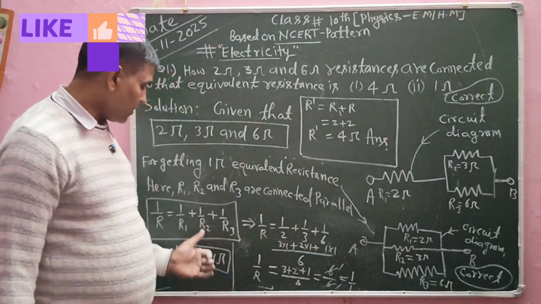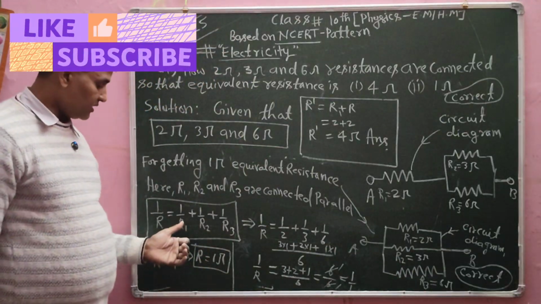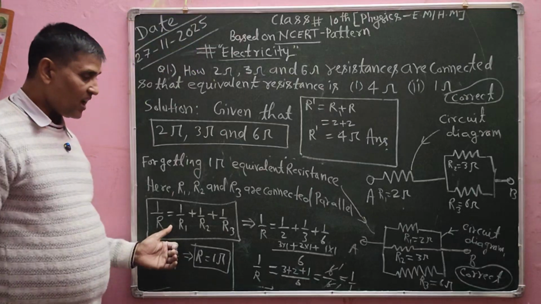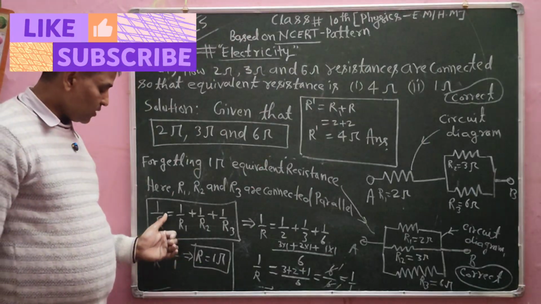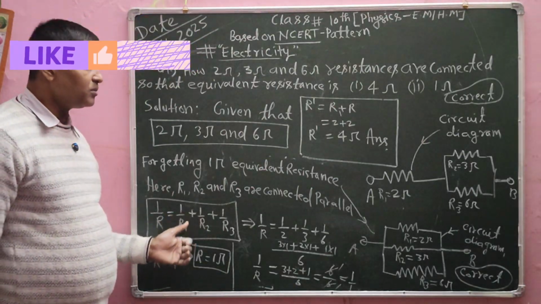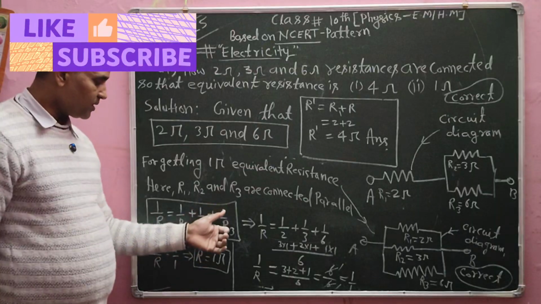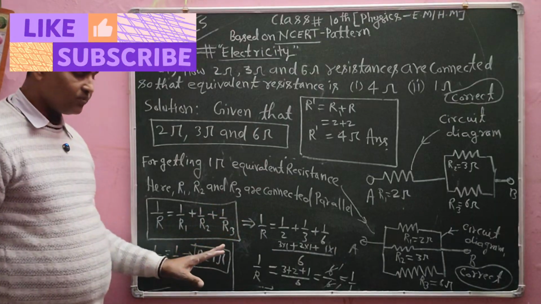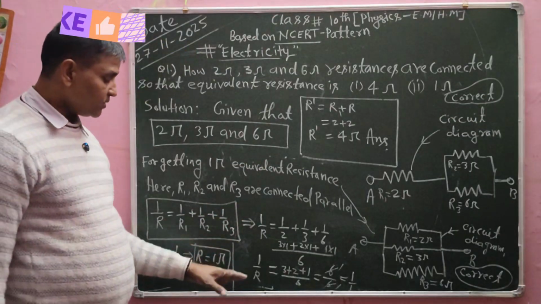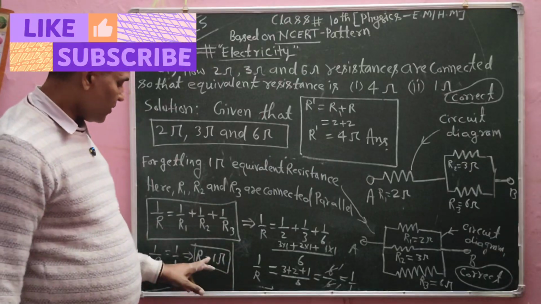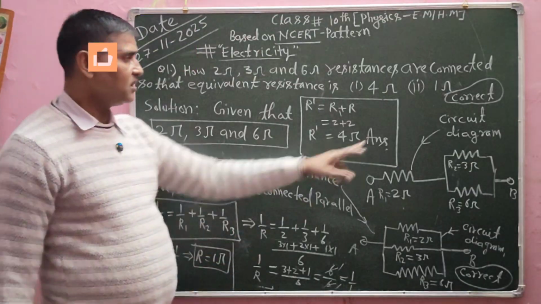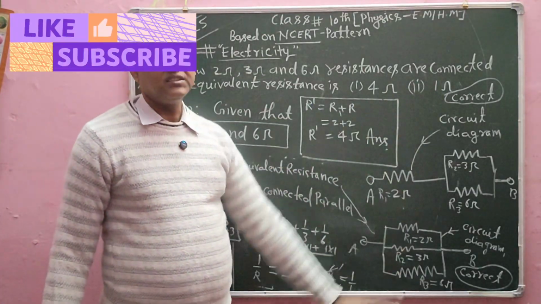So I have used the formula 1 by R is equal to 1 by R1 plus 1 by R2 plus 1 by R3, and after simplifying I have got R equal to 1 ohm. That is, the second condition is correct.